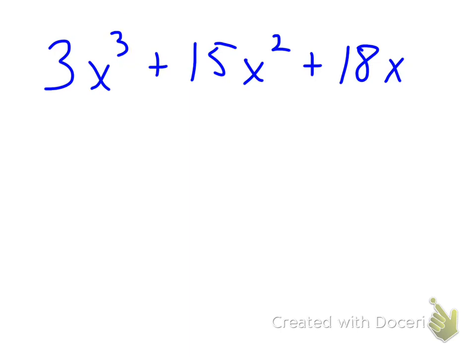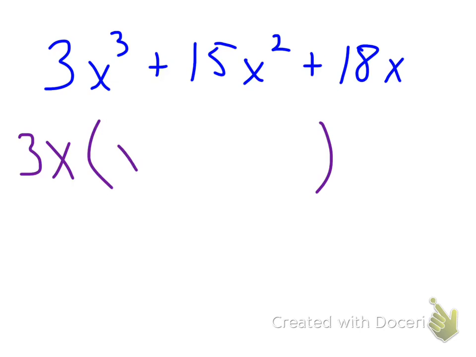However, you may notice that there is an x cubed, x squared, and an x, which means I can take out a greatest common factor of an x on this problem. You also may notice that 3, 15, and 18 all have a greatest common factor of 3, so I actually can take out a 3x from each.